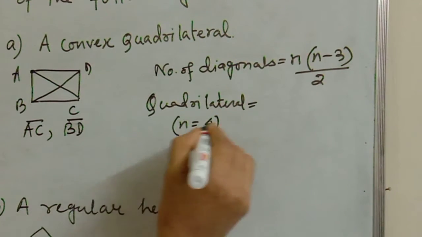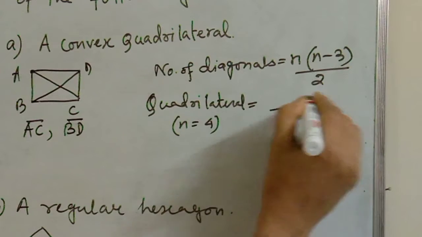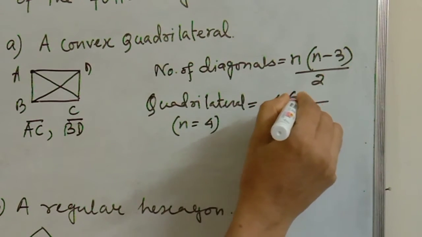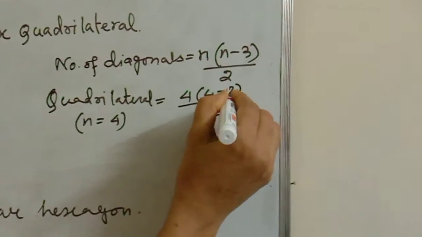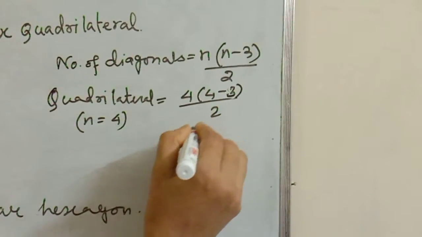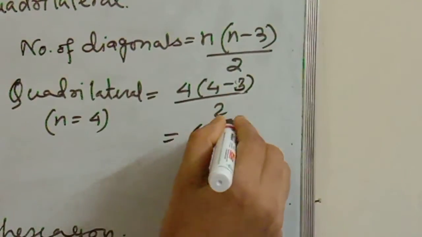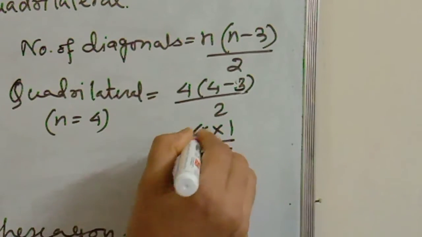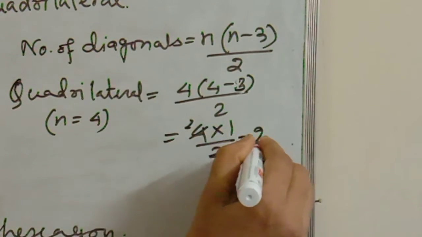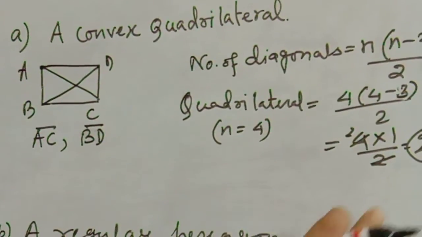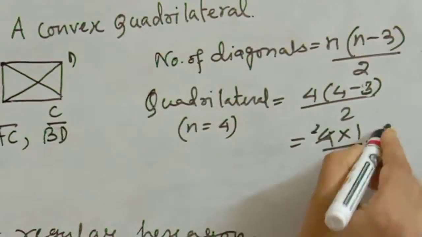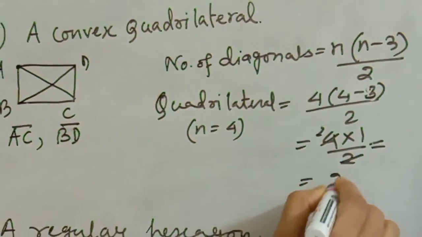So you will use this formula: 4 into 4 minus 3 by 2, so 4 into 1 by 2, cancel it, you will get 2. So the number of diagonals is 2, and you can see the number of diagonals is 2 in a convex polygon.